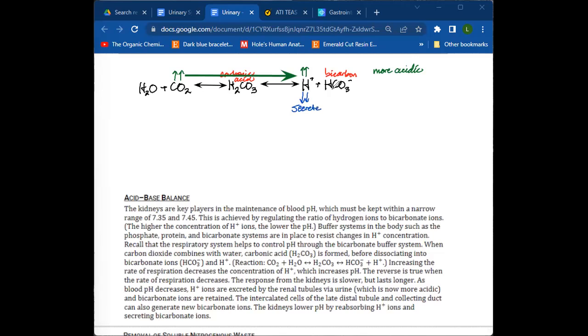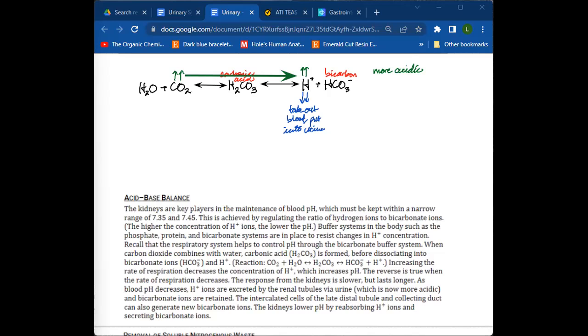So that means that they take it out of the blood and put it into the urine.